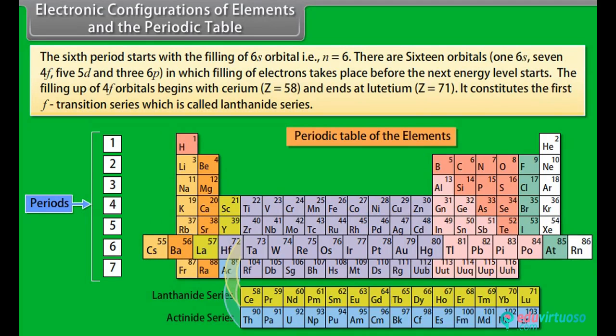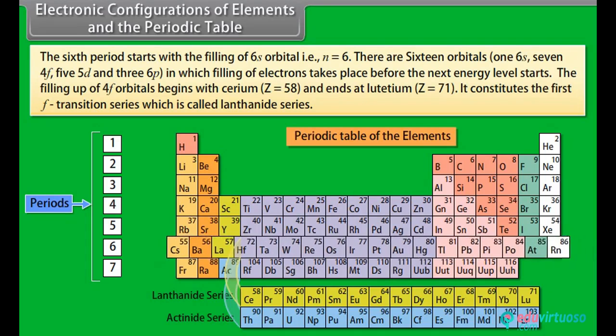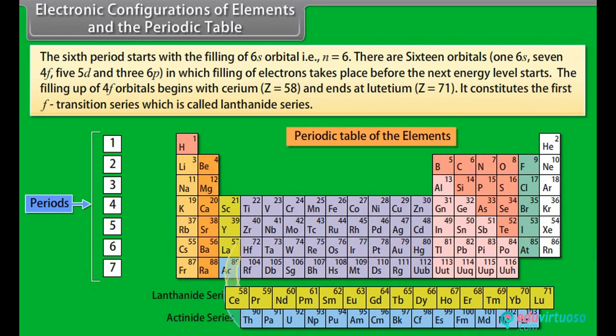There are 16 orbitals, one 6s, seven 4f, five 5d and three 6p, in which filling of electrons takes place before the next energy level starts. The filling up of 4f orbitals begins with cerium, atomic number is equal to 58, and ends at lutetium, atomic number is equal to 71.